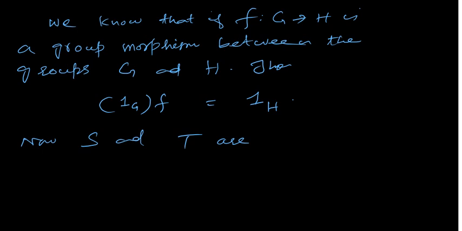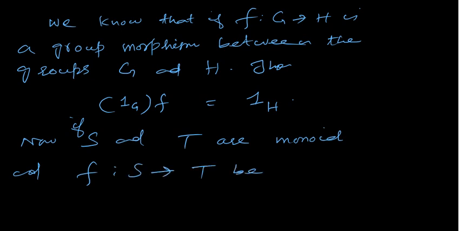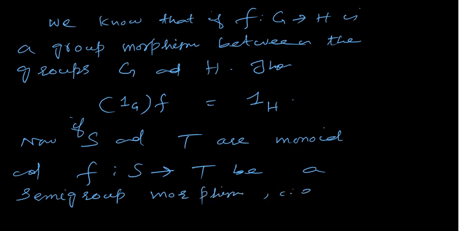Now if S and T are monoids and f from S to T be a semigroup morphism, not a monoid morphism.